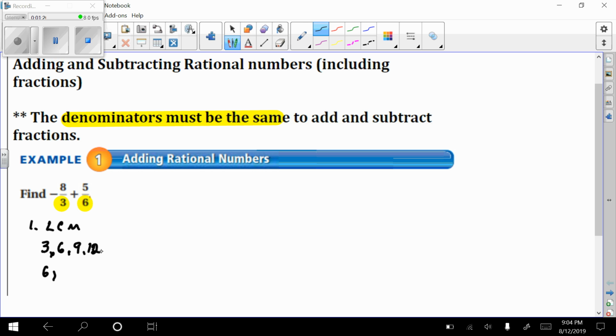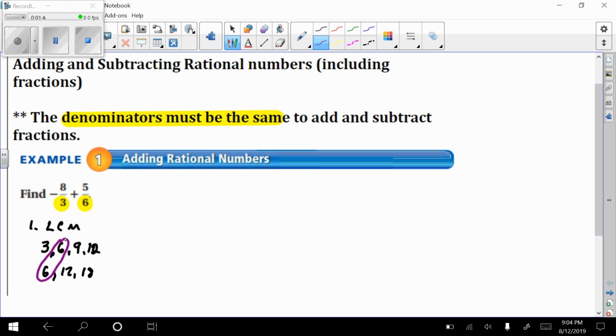We don't even really need to go that far. Just to show you, 6 times 1 is 6, 6 times 2 is 12, 6 times 3 is 18. But you would not need to do all of that because you recognize right away that they both have a 6 in common, and that is the smallest thing they have in common. Therefore, it's the least common multiple.